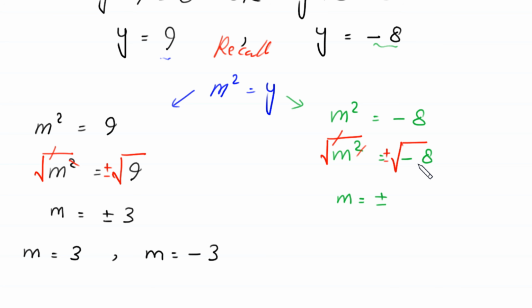This square root of negative 8 can be written as square root of 4 times square root of 2 times square root of negative 1.